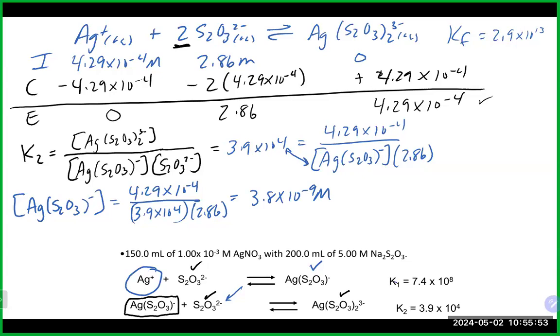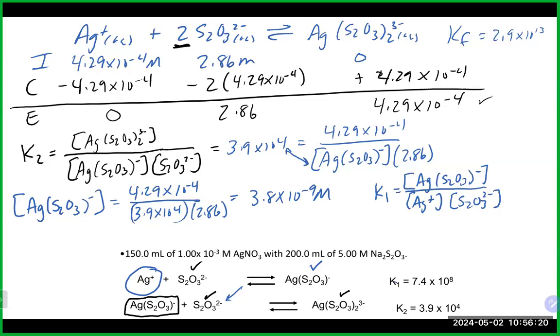Again, I'm going to use the first reaction and its equilibrium constant, not the overall reaction. So K1 is equal to AgS2O3 minus divided by our silver and our S2O3 2-.